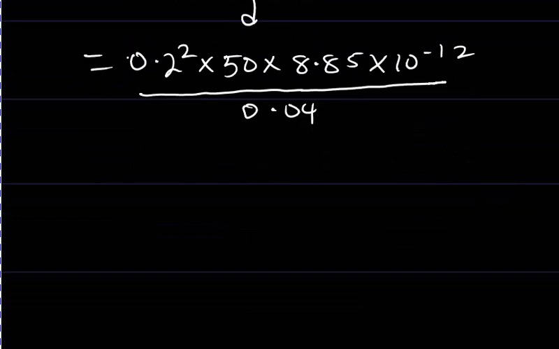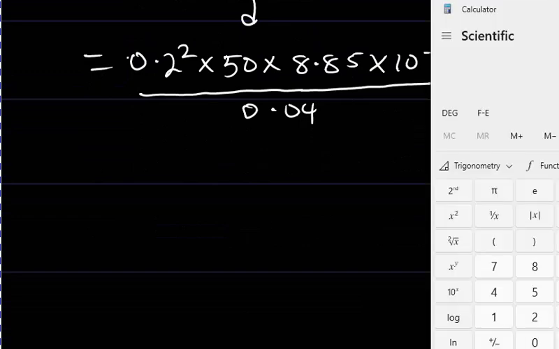Let's work on this. So I have 0.2 squared, of course that's 0.04, times 50, then times 8.85, then divided by 0.04.